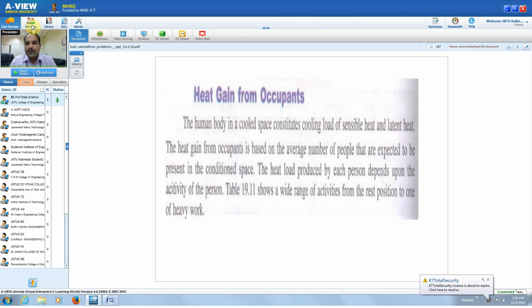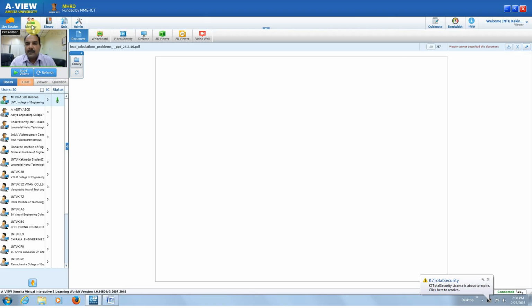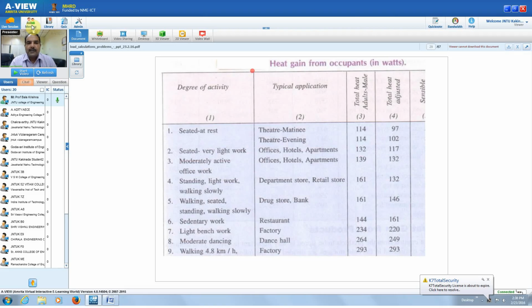The heat load produced by each person depends upon the activity of the person, as I already told, and what type of activity is being done in the room. The figure shows a wide range of activities from the rest position to one of heavy work. This is the type of activity.